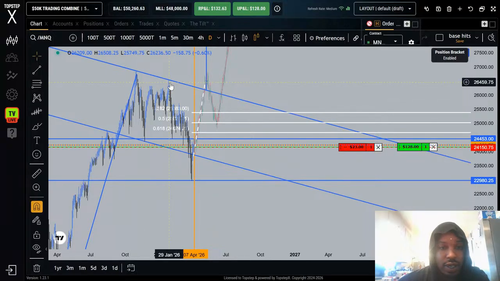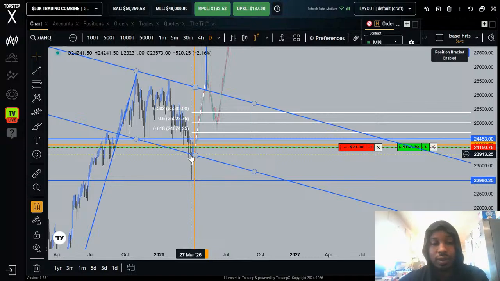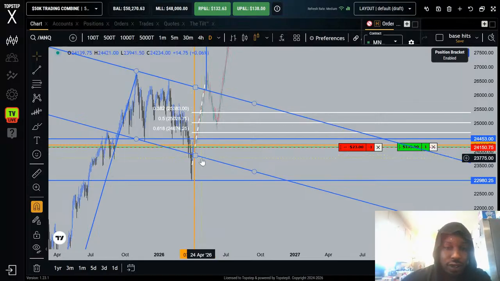The lower high, the fourth point. This is the fifth point. On the fifth point of a channel, it always extends further than the resistance or support because it's a fake out, aka a liquidity sweep.